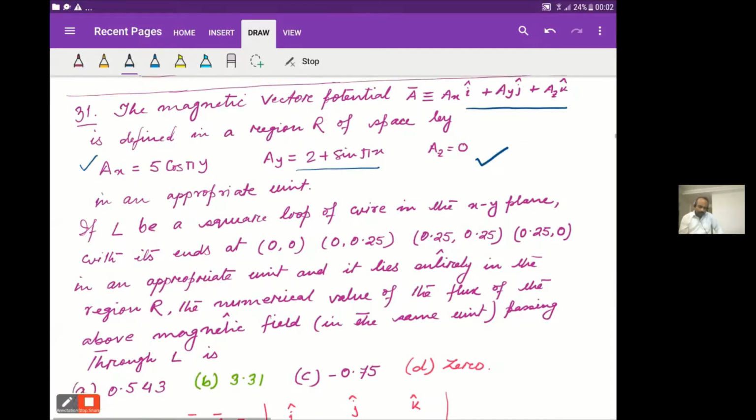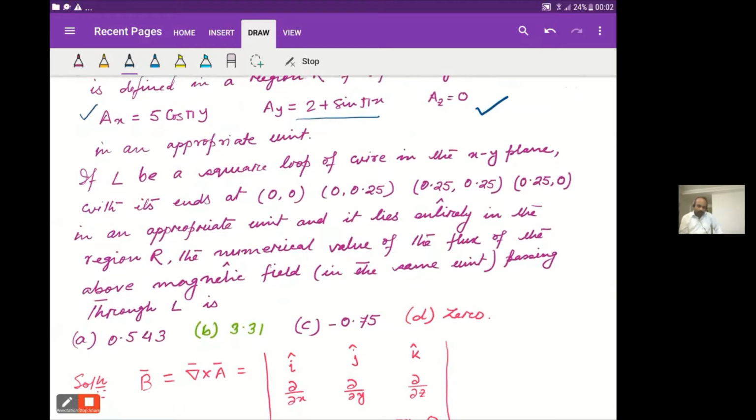If L is a square loop in the xy plane with its corners at 0, 0; 0, 0.25; 0.25, 0.25; and 0.25, 0 in appropriate units, and it lies entirely in the region R, the numerical value of the flux of the above magnetic field in the same units passing through L is. So four options are given. Which one is the correct one?